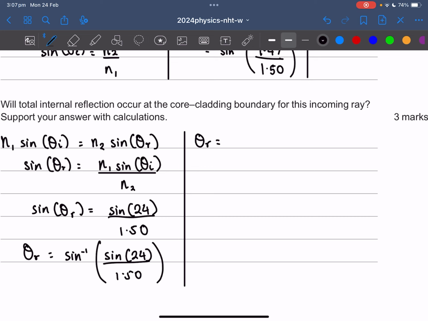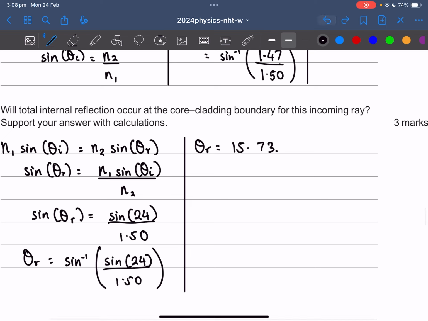Sine of 24 over 1.5, we get 15.73. Now, of course, we have to take this amount away from 90. So the incident angle is equal to 90 minus 15.73, which is equal to 74.27 roughly.